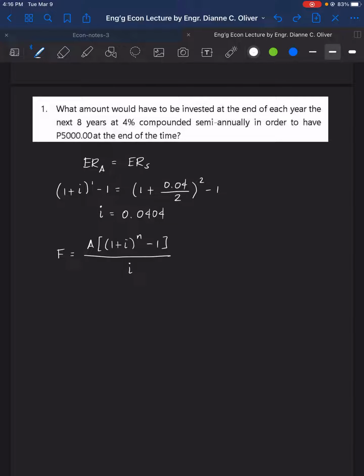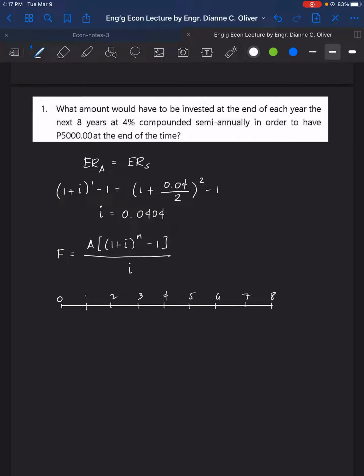So for 8 years, if we draw the cash flow diagram, each year, this is year 0, 1, 2, 3, 4, 5, 6, 7, 8 periods.